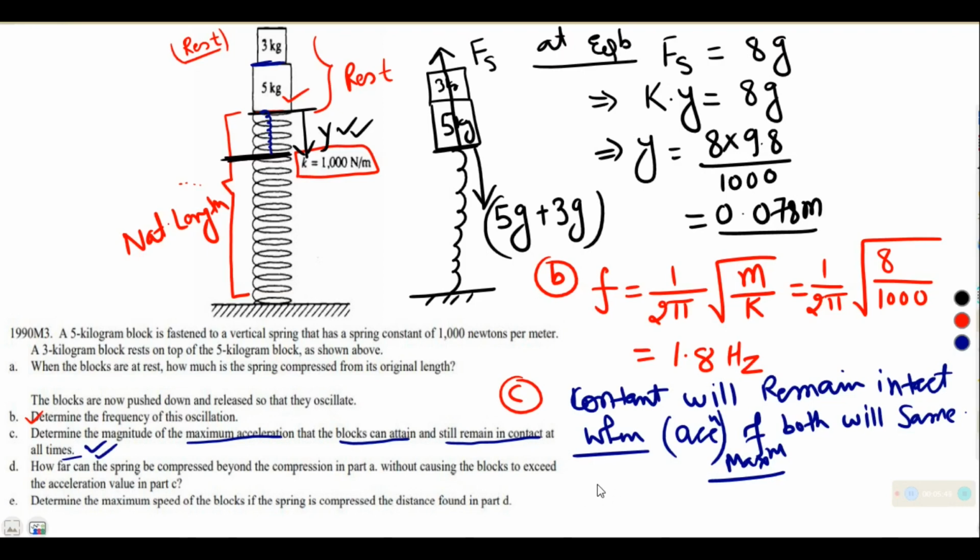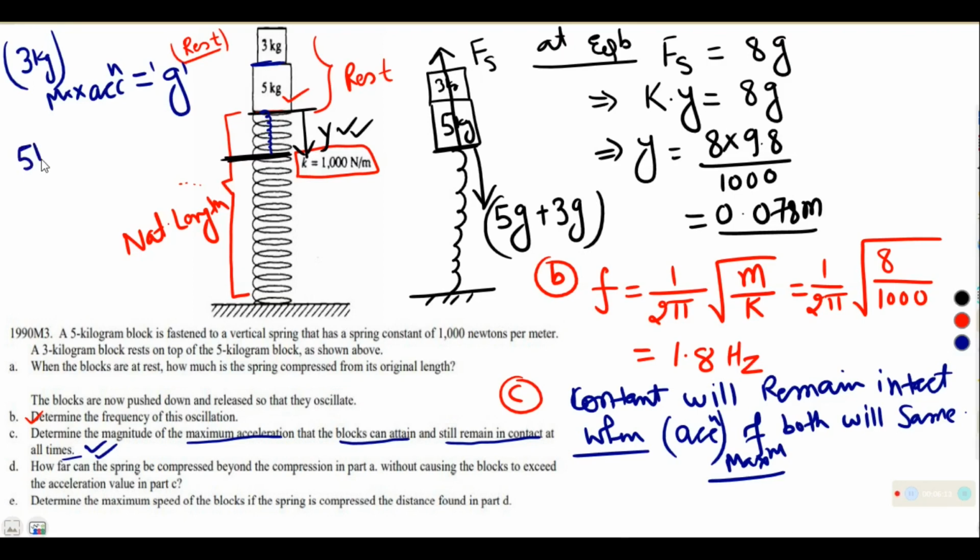Let us see what the maximum acceleration of the individual blocks will be. For the 3 kg block, the maximum acceleration is equal to g, because it will be in free fall.